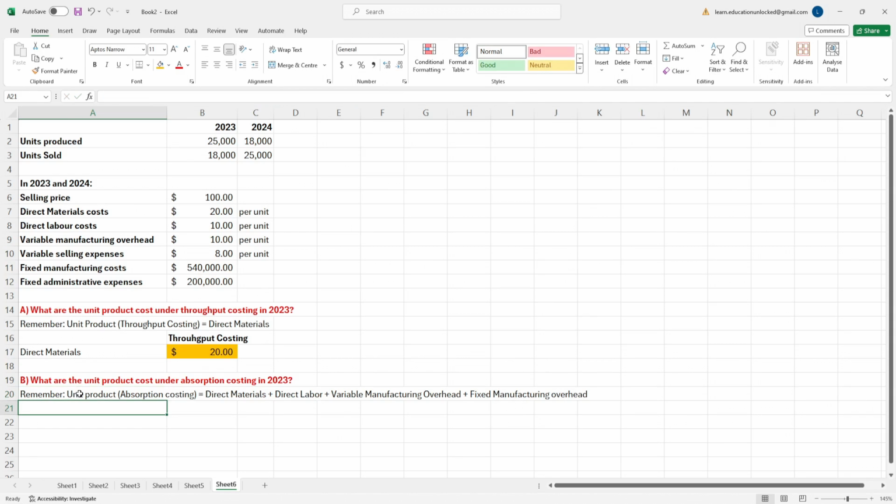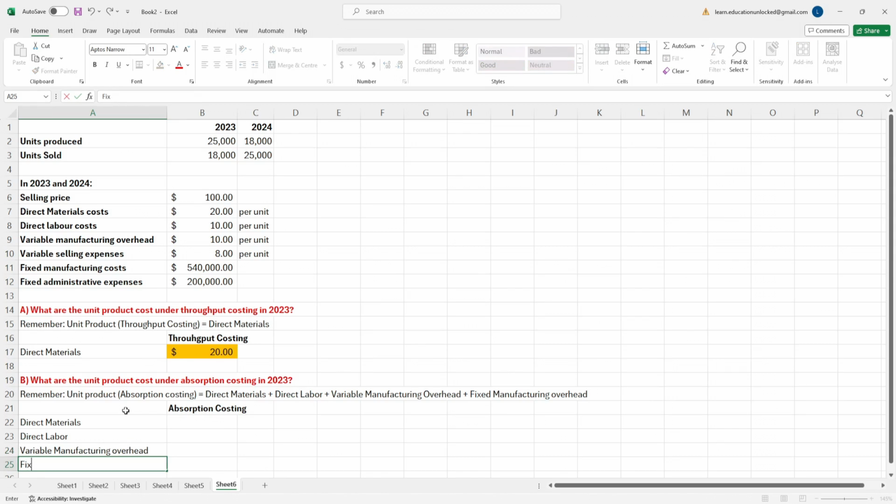So it's everything that's used to produce or manufacture the product. Here I'll do the same thing. For absorption, I'll rewrite everything: direct materials, direct labor, variable manufacturing overhead, and then fixed manufacturing overhead. And this is going to be on a per unit scale.